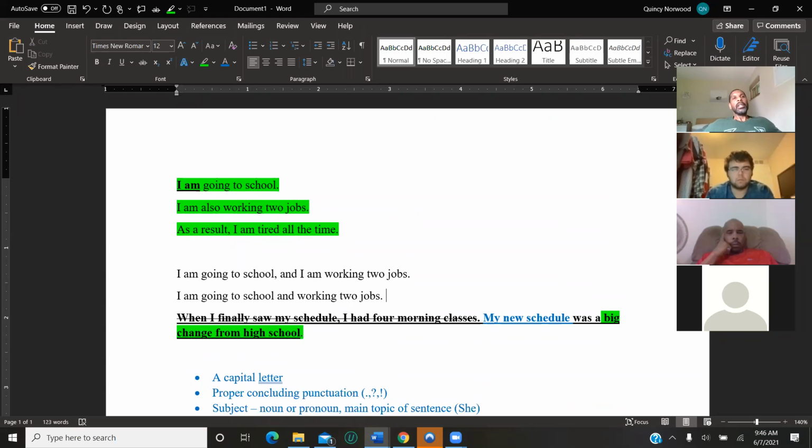Sometimes I will even suggest on your papers, consider joining these two sentences. One of them is a fragment, or one of them is a dependent clause. So just join it to what comes either before or after it.